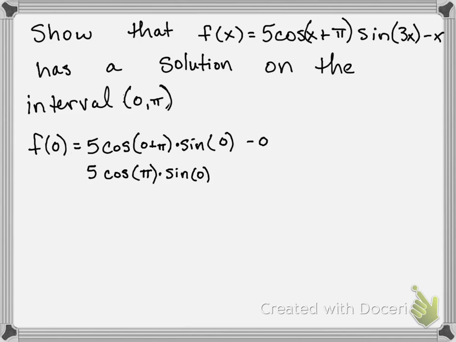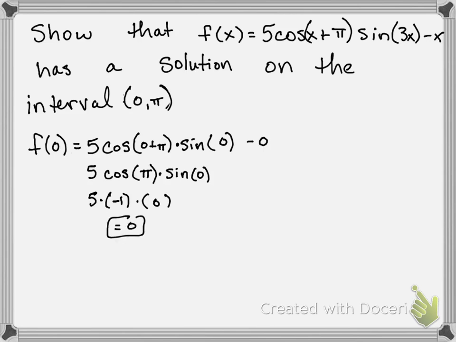What's the cosine of pi? Cosine at pi is negative 1, times the sine at 0. What's the sine at 0? 0. So what's this whole thing got to go to? 0. Oh, look at that. That's nice.